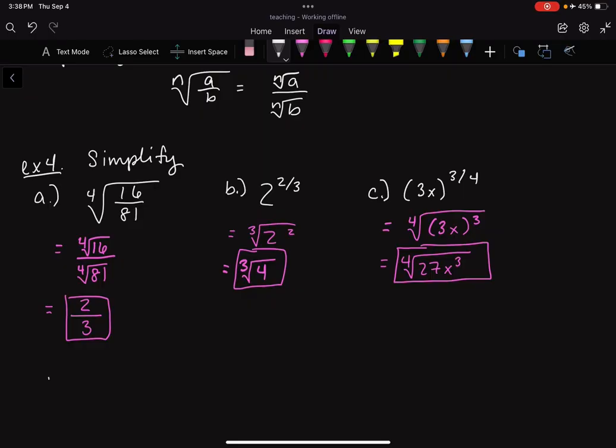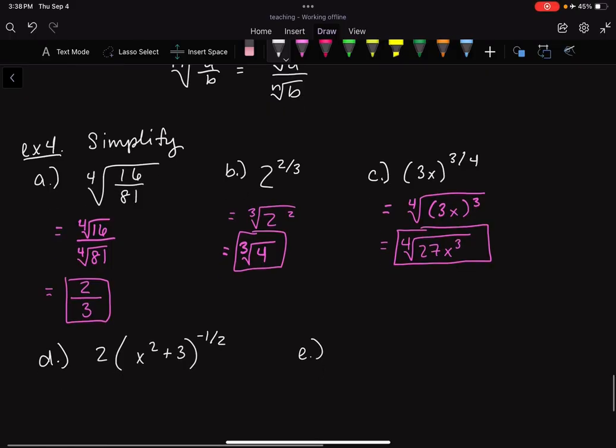And another one, let's do D. This one is 2 times x squared plus 3 to the power of negative 1 over 2. E is where we're going to start actually being able to reduce these even further.